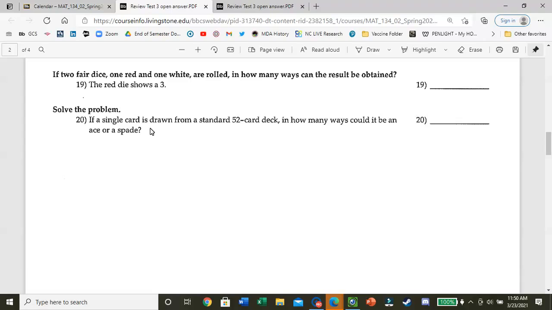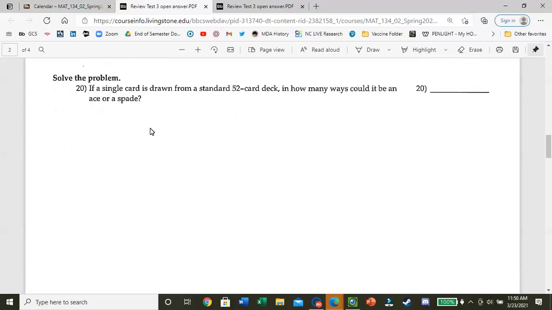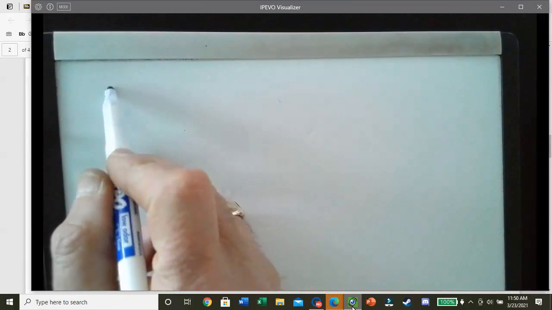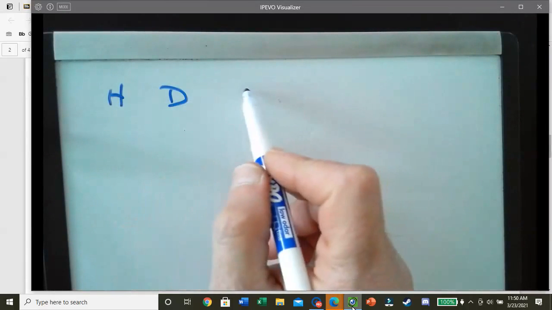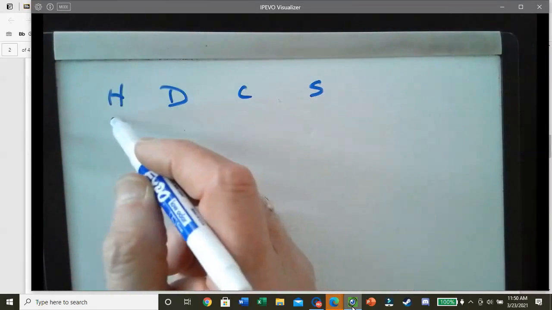Okay. And number 20, if a single card is drawn from a standard deck, how many ways can it be an ace or a spade? So is this going to be mutually exclusive or not mutually exclusive? Well, you've got hearts, diamonds, clubs, spades, right?